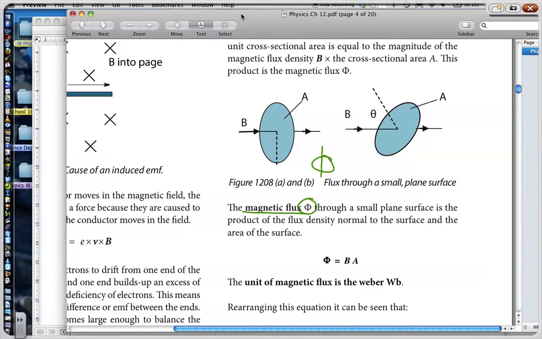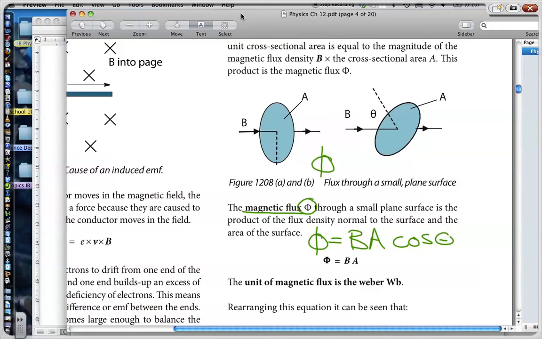And it's a combination, as you can see here, of the B and A. I'll write this bigger, that phi is equal to B times A. Obviously, the bigger the area, or the stronger the magnetic field, the greater the magnetic flux. Now, there's a further addition to this formula in that it's also dependent on the angle that the magnetic field makes with the area in which it goes through.